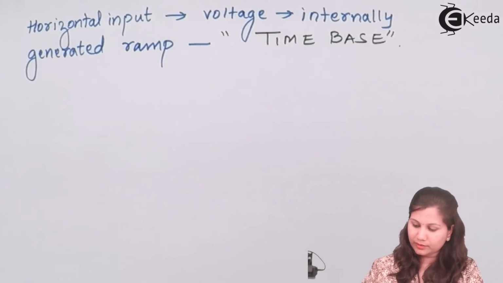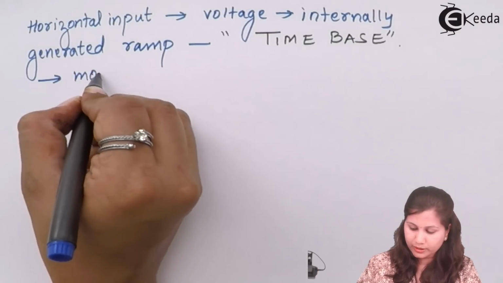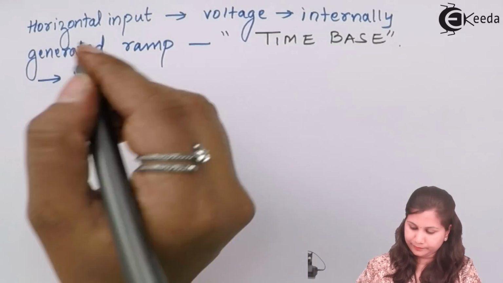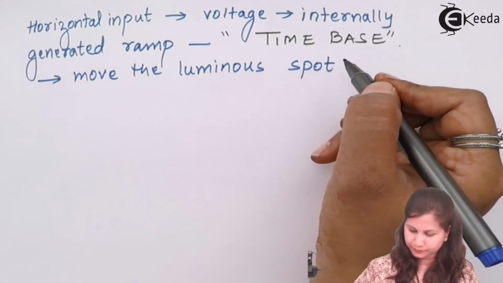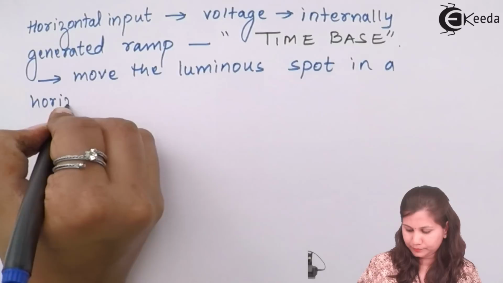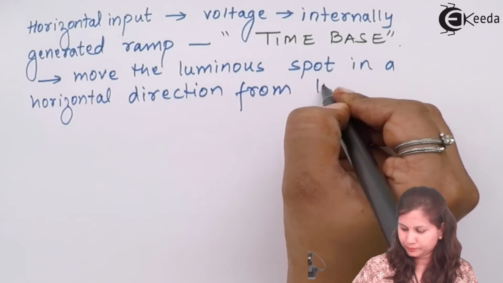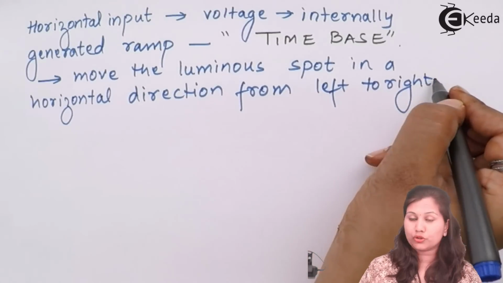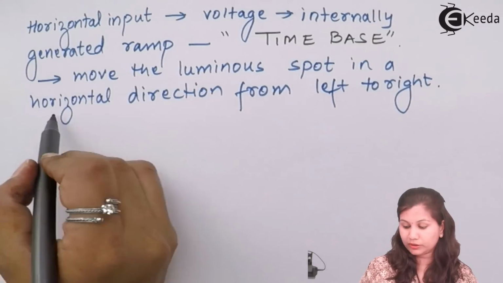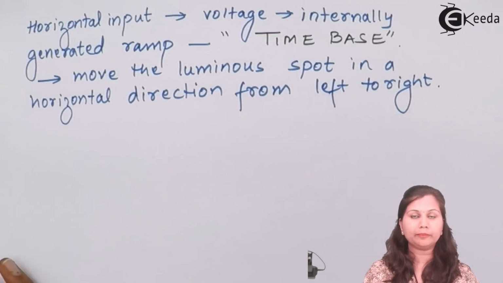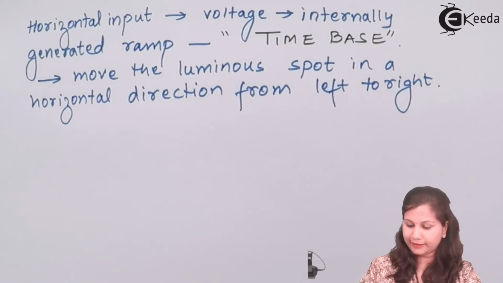This horizontal input voltage is going to move the luminous spot from left to right. So the horizontal input makes the luminous spot move in the horizontal direction, whereas the vertical input makes it move in the vertical direction.